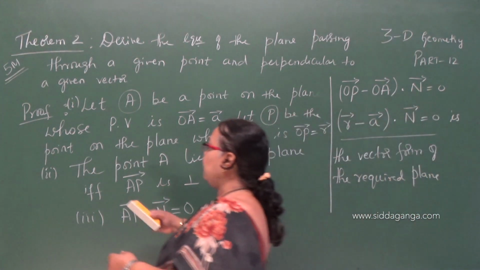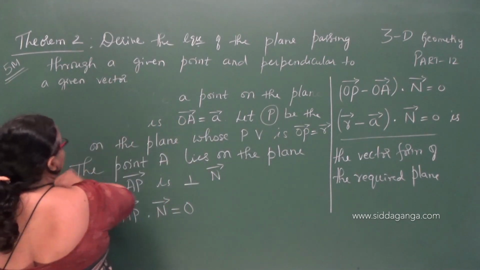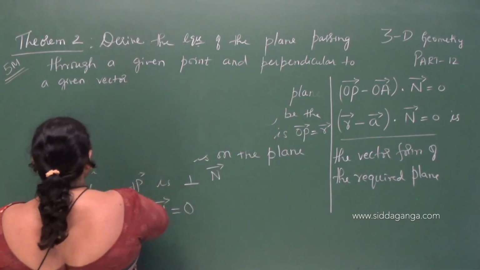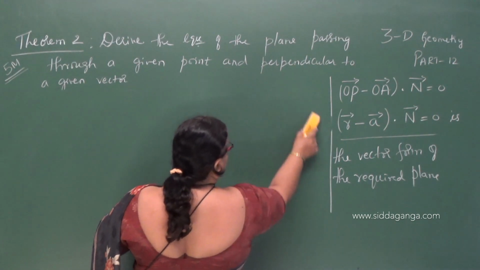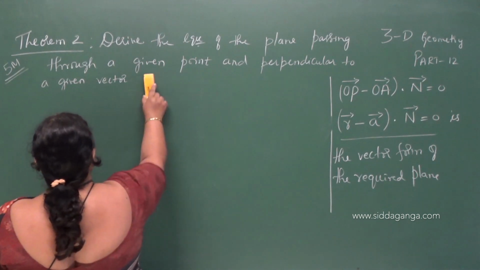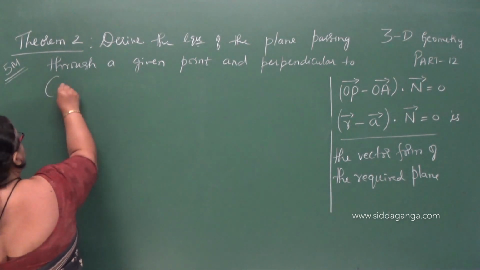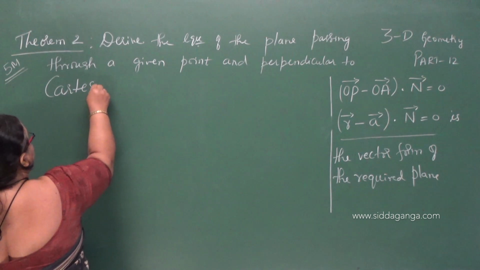Then we get the Cartesian form of the required plane. Now, in a derivation we always get the vector form first. Now we have to convert this into the Cartesian form.